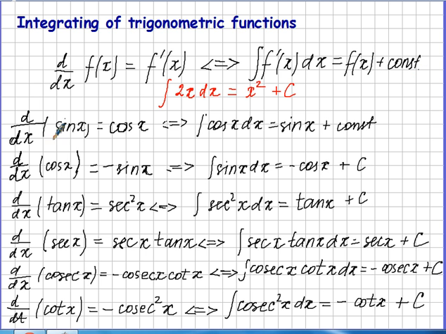For example, if you know that the derivative of sine x is cos x, then using the fact that integration reverses the process of differentiation, you will know that the integral of cos x dx is going to be sine x plus a constant.